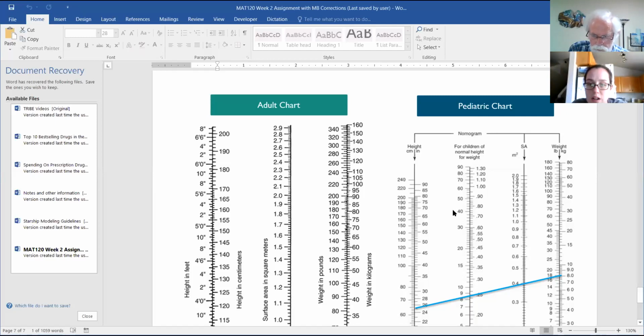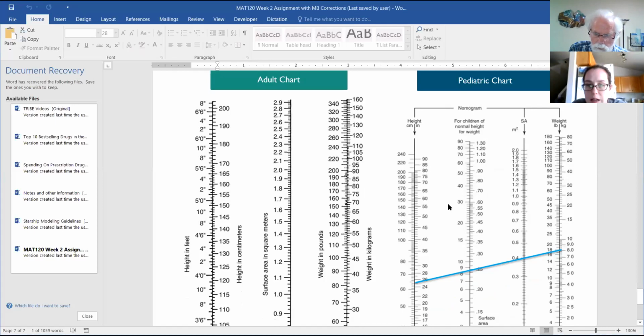So if they're, for example, 30 pounds, do you start there on the chart for children of normal height for weight at the 30 and then go straight across?